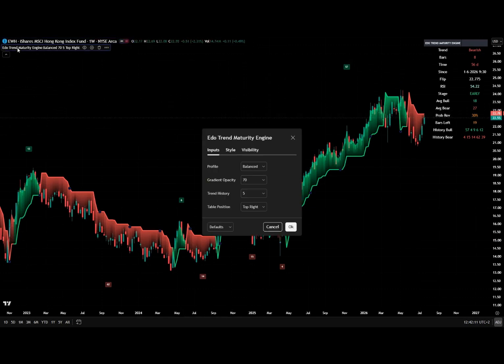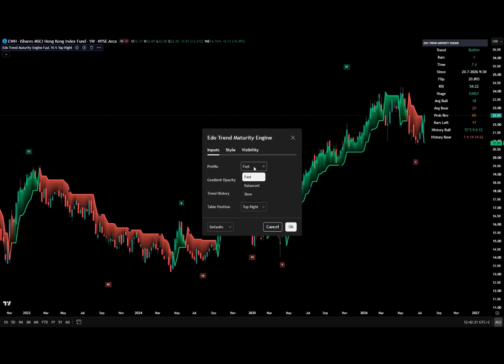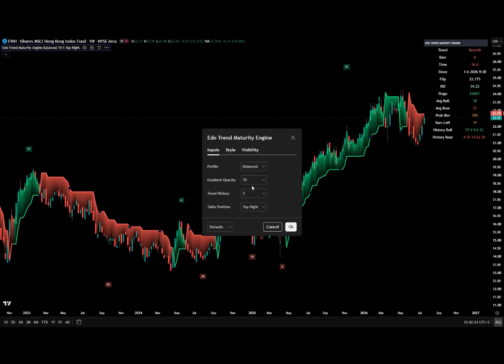Everything is adjustable. Let's open the settings. Profile, fast, balanced or slow. It changes how quickly the engine accepts a flip, and you can see the effect on the chart right away. Gradient opacity for the fill. Trend history, how many past legs it keeps in the panel.